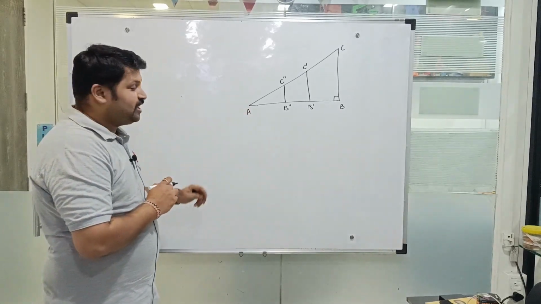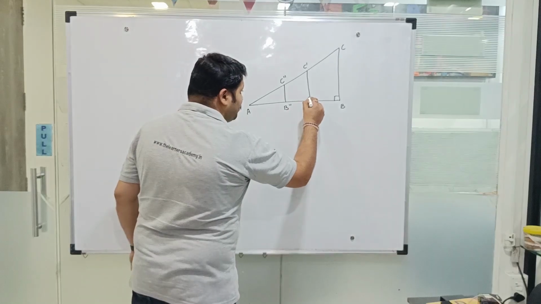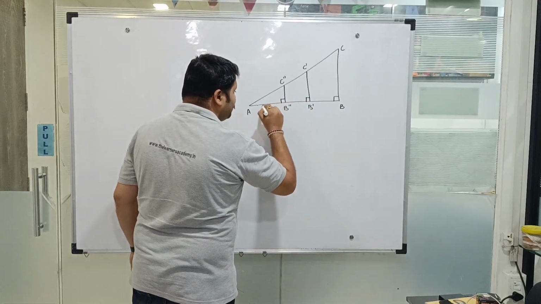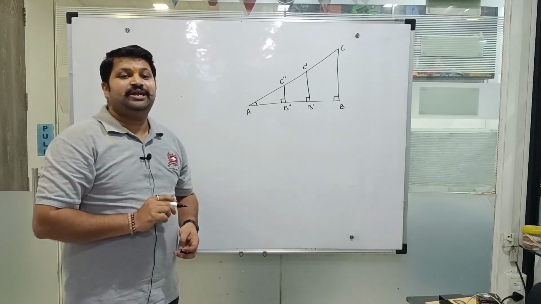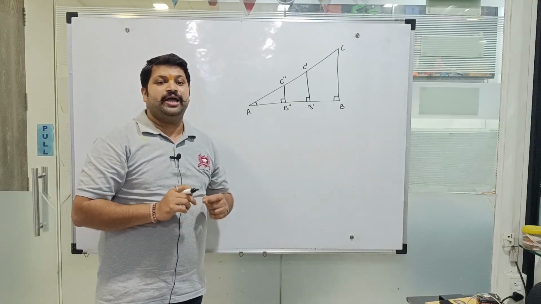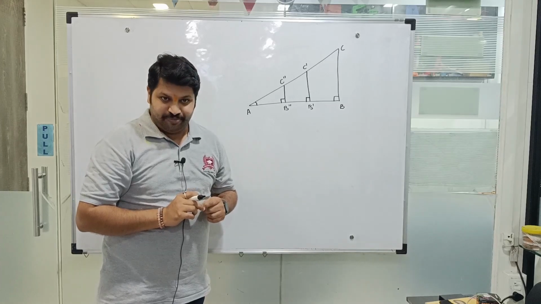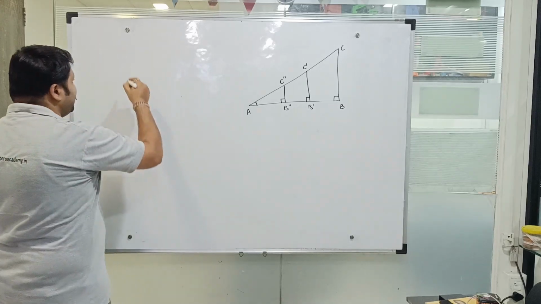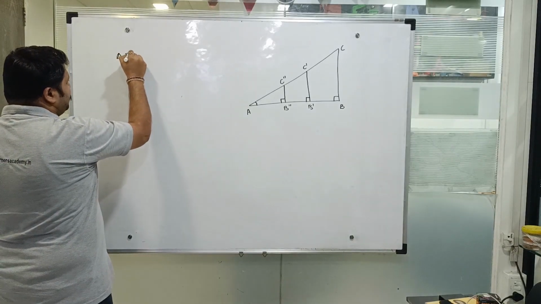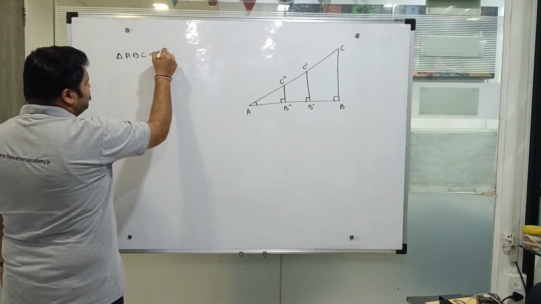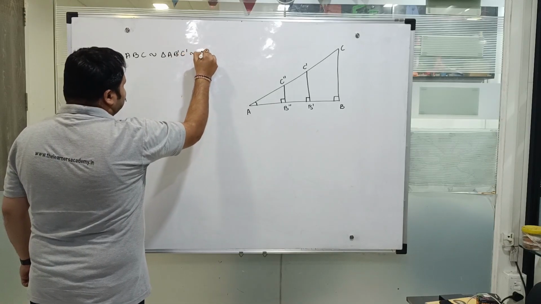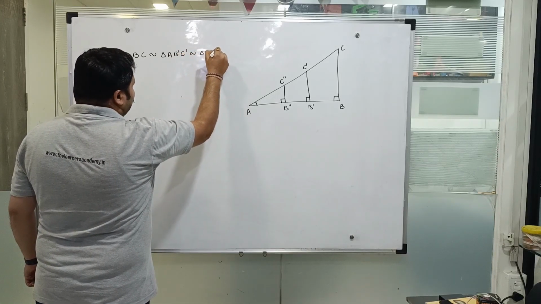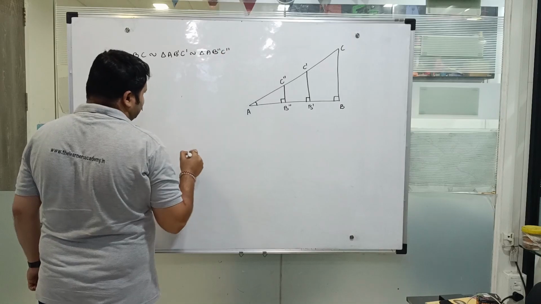There are three triangles that we have. One of their angles is a right angle and one angle is common. So these three triangles would be similar by AA test of similarity. So I can say that triangle ABC is similar to triangle AB dash C dash is similar to triangle AB double dash C double dash.